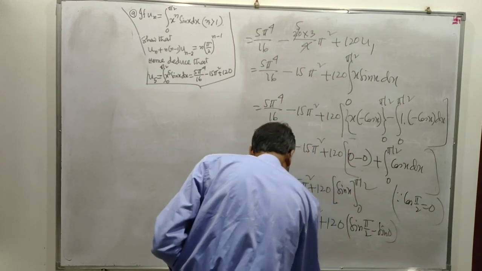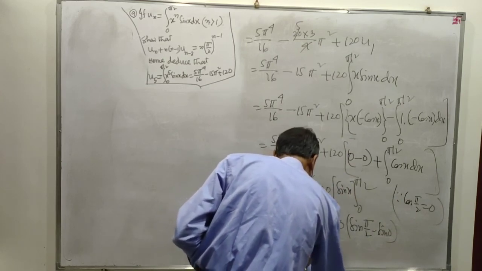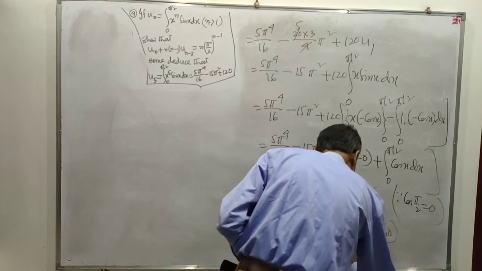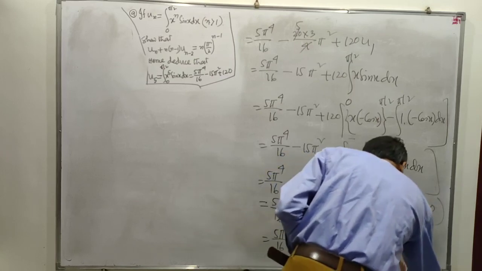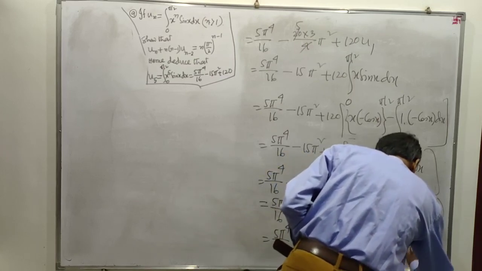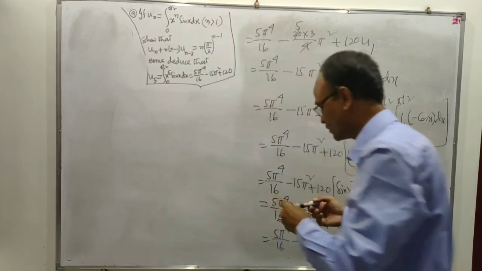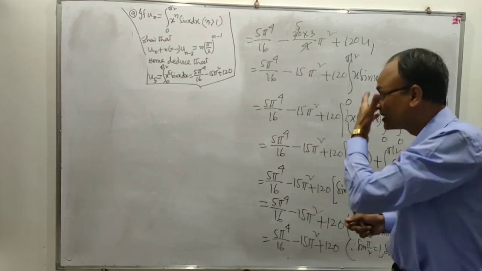This is equal to 5 pi to the power 4 by 16 minus 15 pi square plus 120, since sin pi by 2 equal to 1, sin 0 equal to 0. We have put the answer for problem number 9 also.